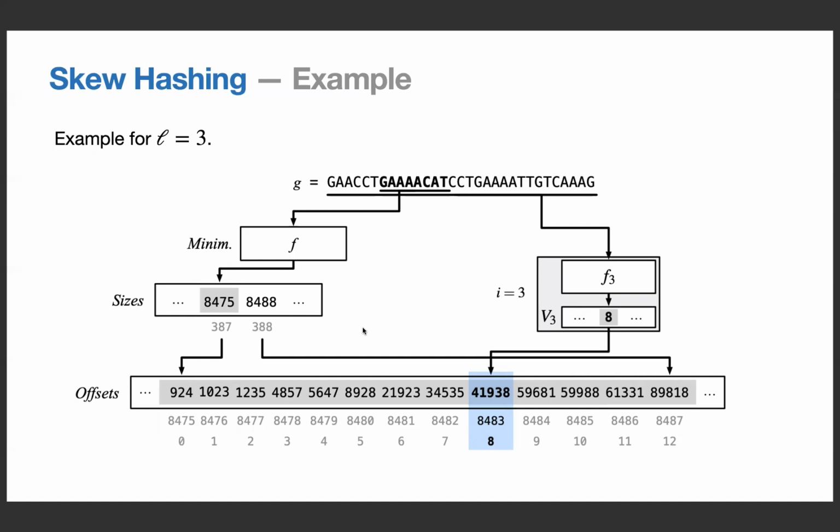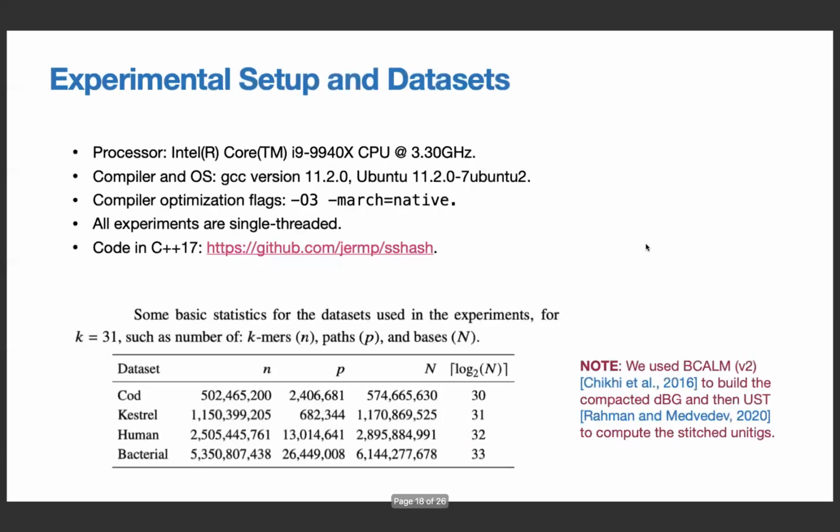And so we know that its super k-mer ID can be retrieved from the skew index, here represented by this minimal perfect hash function on the right. Since log base 2 of 13, taking the ceiling, of course, is 4, then I know that its super k-mer ID can just be written in 4 bits. So that's an example of skew hashing.